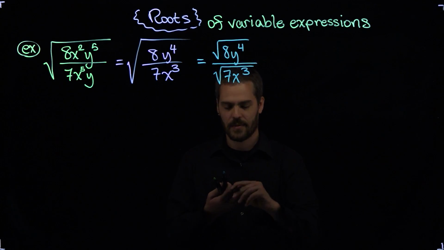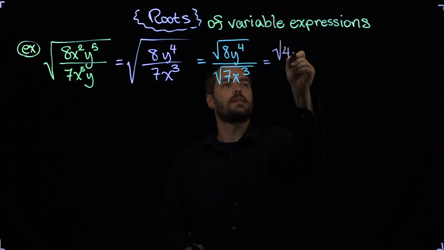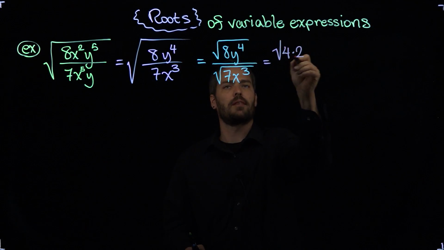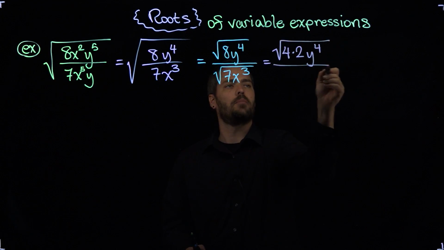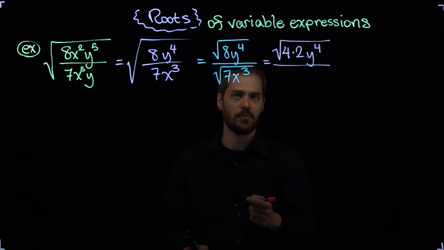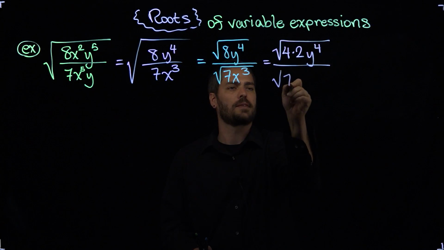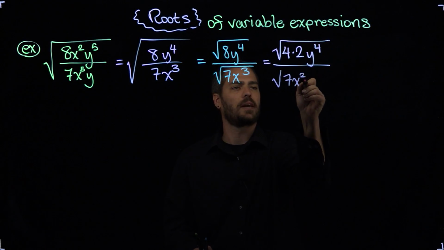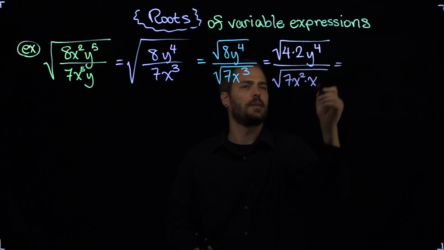So I can call this instead the root of 4 times 2 instead of 8. 4 times 2, y to the 4th. And on the bottom, there is no perfect square factor of 7, but x cubed has within it an x squared. So I'm going to call this root 7x squared times x and continue from there.